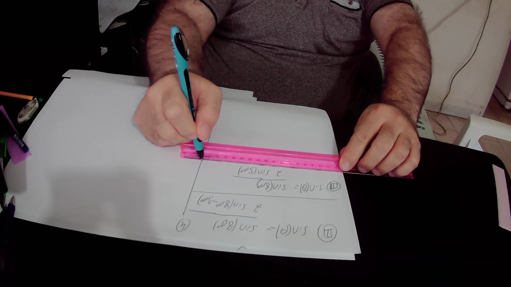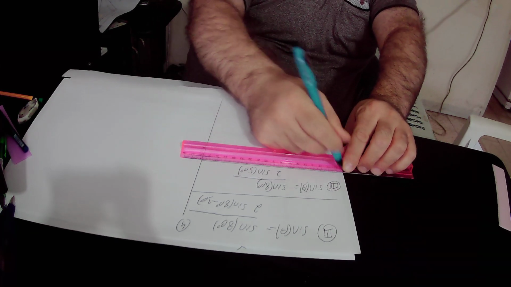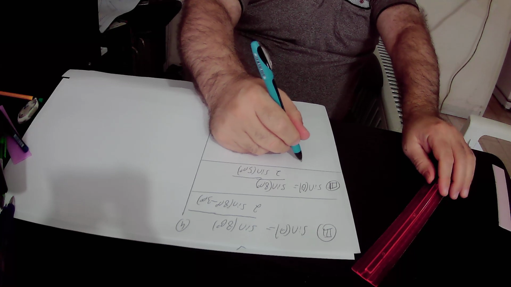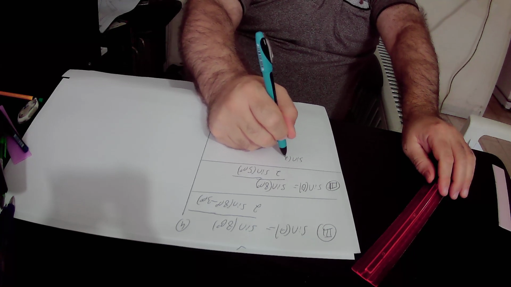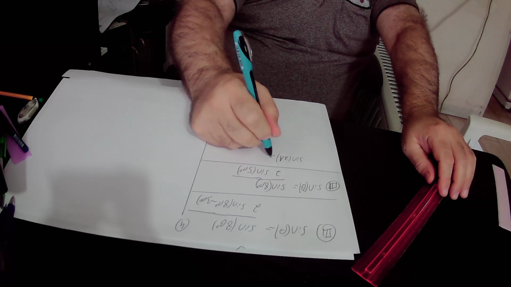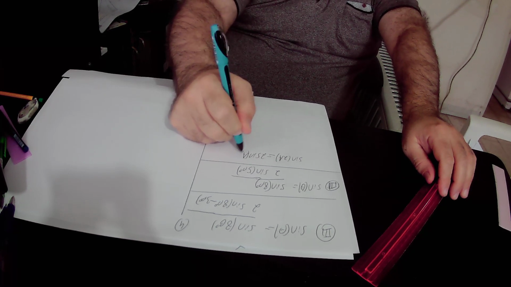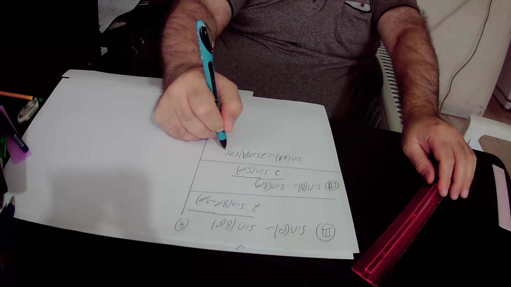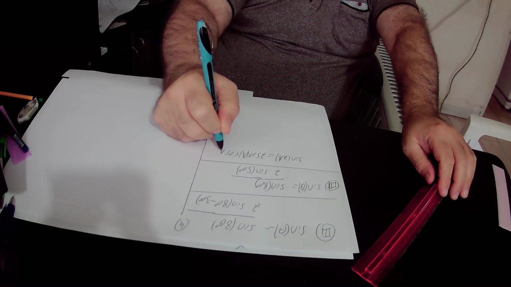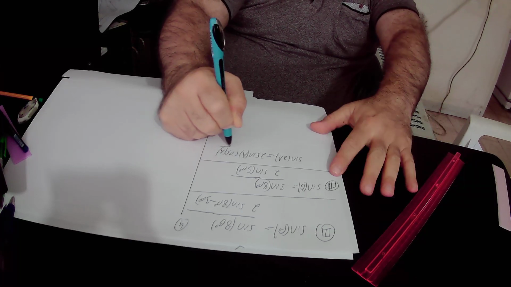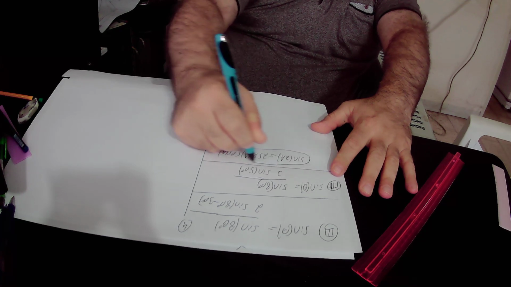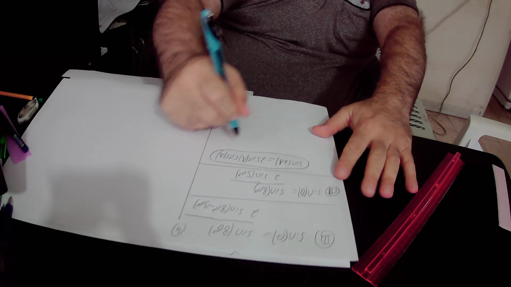Here we will use the trigonometric identity that states that sine 2A equals 2 sine A cosine A for the expression of sine 80 degrees.